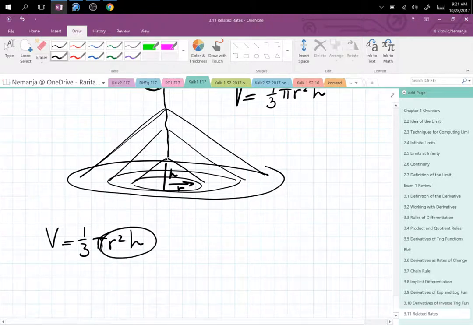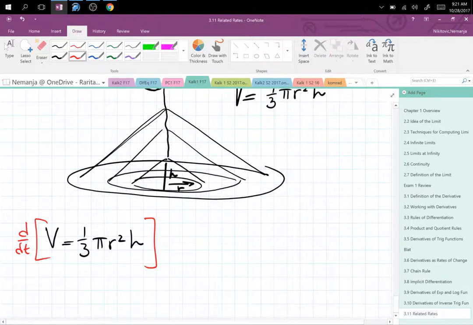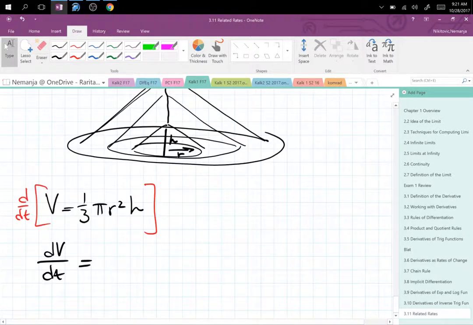So what happens is you take the derivative. What happens here? Product rule. Product rule happens because you have a variable times a variable, or a function times a function, and you know that's a product rule. So now, as you take your derivative with respect to time, the change in volume in time, which is dV/dt, is pi over 3, which is a constant.